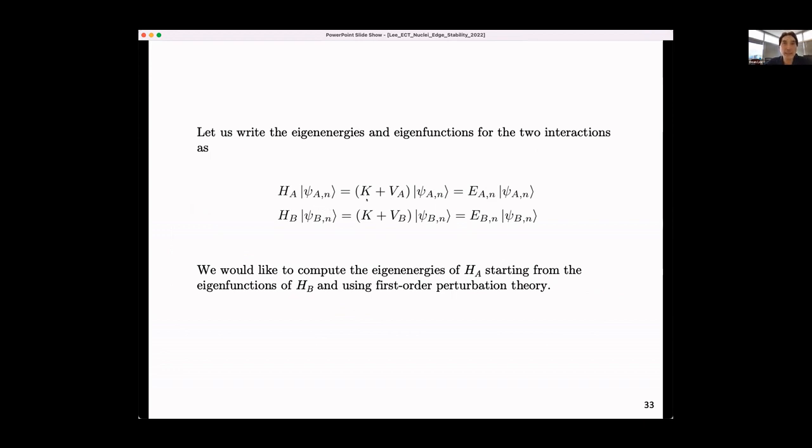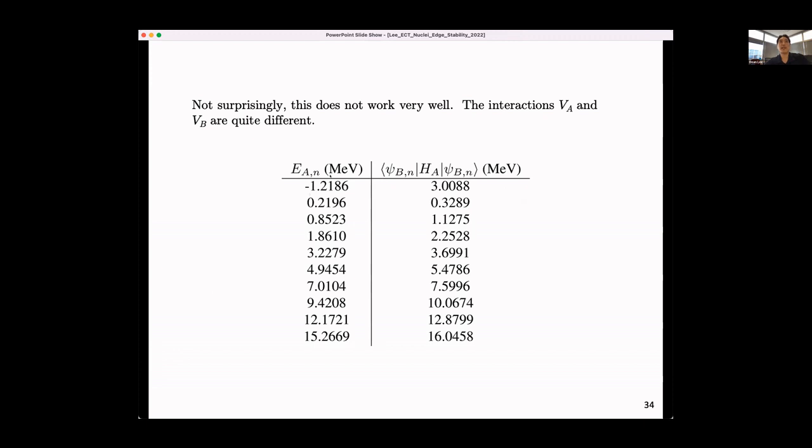And the same thing, K is the kinetic energy, VB is the interaction, and the eigenstates for HB are psi B n, and the energies are E B n. Now, we would like to compute the energies of HA starting from the eigenstates of HB, because let's say we can calculate with HB. That's easy for us, but we want to calculate the energies for HA. And we're going to use first order perturbation theory. Okay, so let's do that and see what happens.